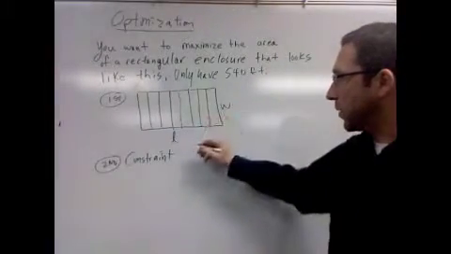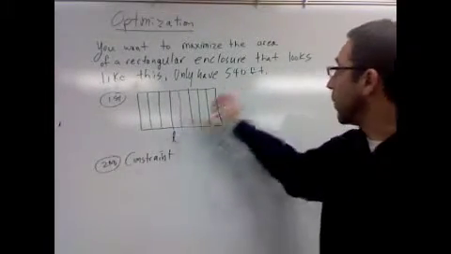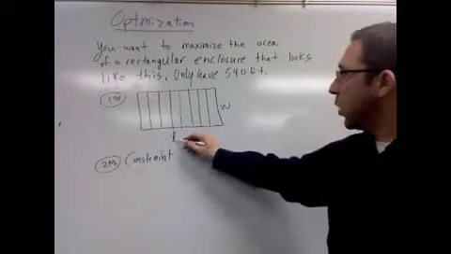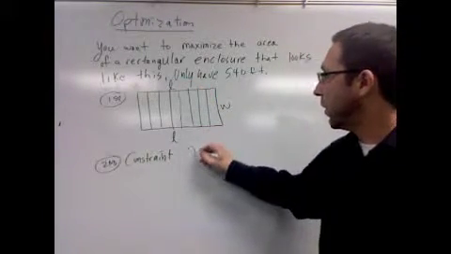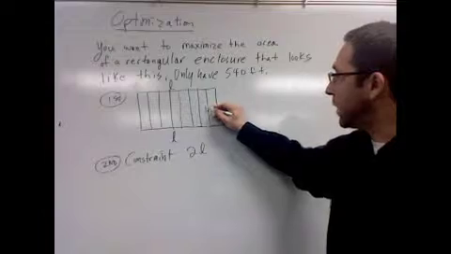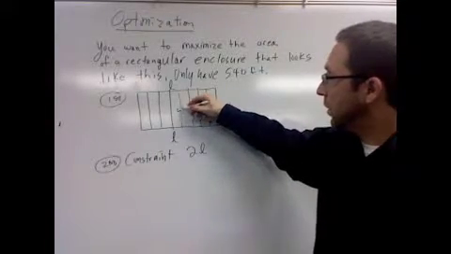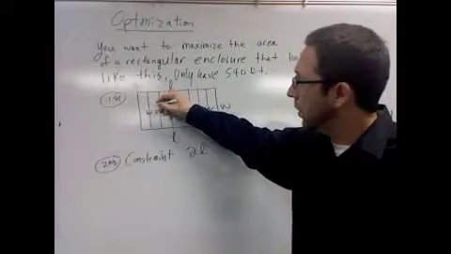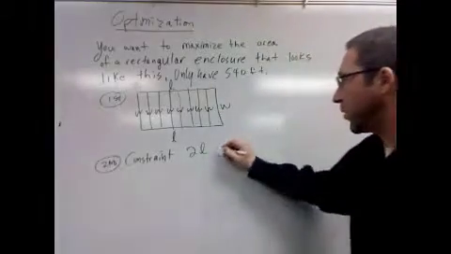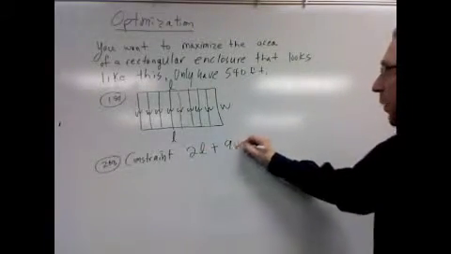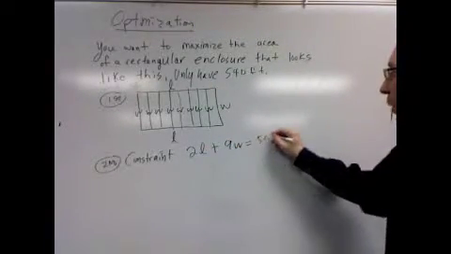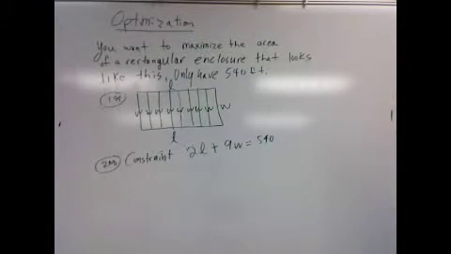So to build this design, we would need 2 L's and we would need 9 W's to come up with this configuration. So 2 L's plus the 9 W's would equal 540 feet.